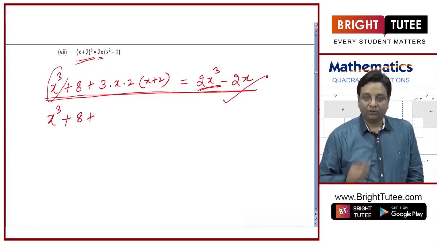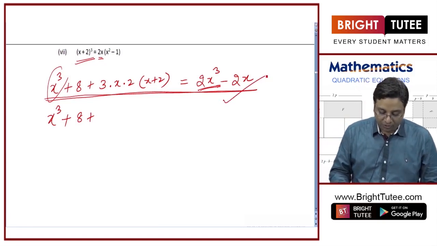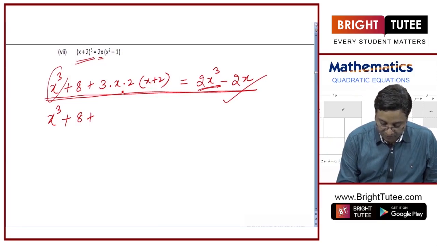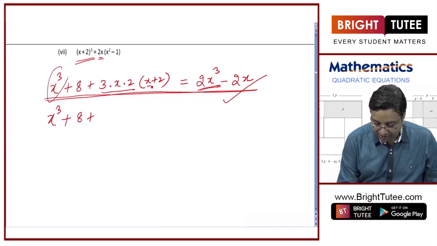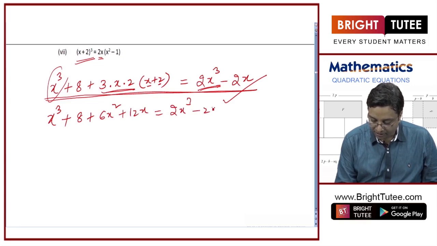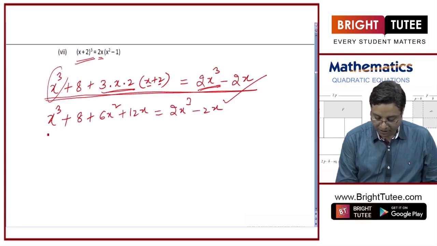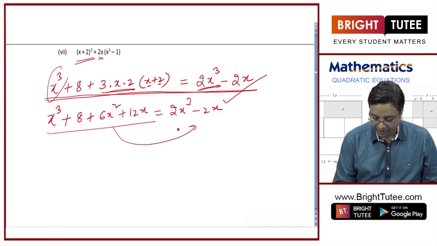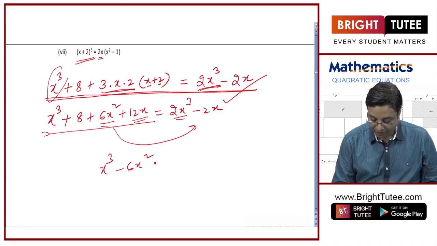I can say it here also, but for the sake of solving it completely, let's solve it. It is 6x squared, 6x into 2, 12x equal to 2x cube minus 2x. When I bring all the terms on right hand side, 2x cube minus x cube will give me x cubed, right? This 6x square will become minus 6x square. This 12x will become minus 12x.